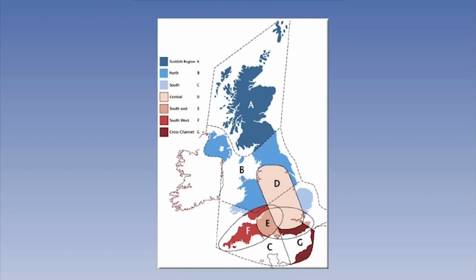The regional Airmets for areas of Scotland, North England and Northern Ireland, and South England and Wales are produced 4 times a day. The sub-regional Airmets for areas Central, South East and South West are produced 3 times a day, whilst the cross-channel Airmet is produced just twice a day.